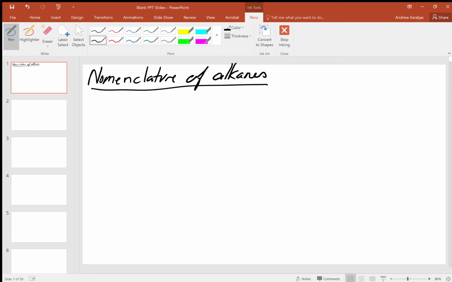The nomenclature for alkanes forms the basis for the nomenclature of all of the other functional groups. So make sure you get a good grasp on this so that when we get to the other functional groups, they're more straightforward.